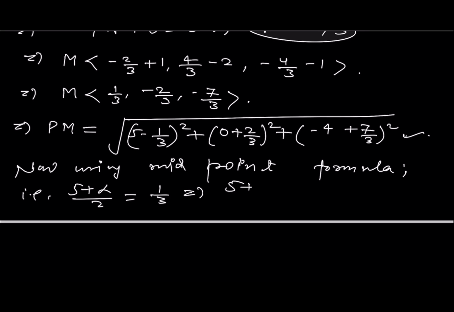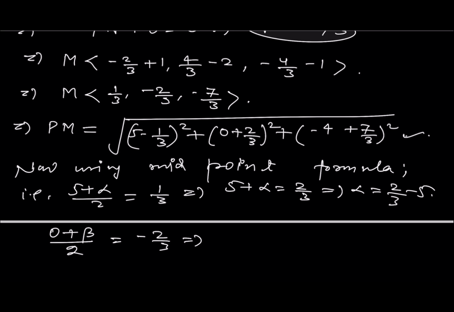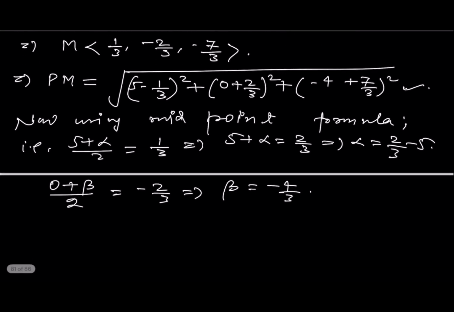So 5 plus alpha is equal to 2 by 3, or alpha is equal to 2 by 3 minus 5. (0 plus beta) by 2 is equal to minus 2 by 3, so beta is equal to minus 4 by 3. And (minus 4 plus gamma) by 2 is equal to minus 7 by 3, which gives gamma is equal to minus 14 by 3 plus 4.